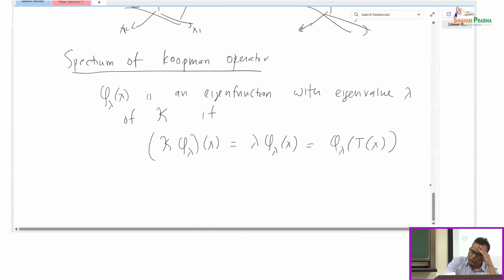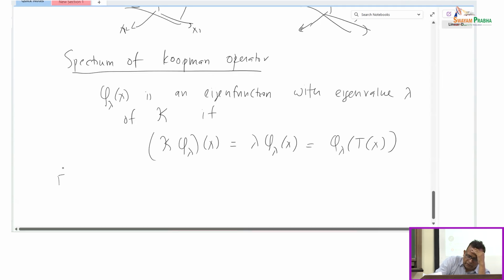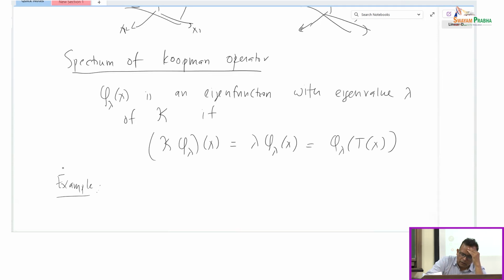Now let's try to do some examples, and through this example, I will tell you some of the challenges associated with computing this. Okay, let's start with a simple example. Let's say I have a one-dimensional example, which is rotation on a torus, or rotation on a circle: x_{t+1} equals x_t plus omega, mod 1.